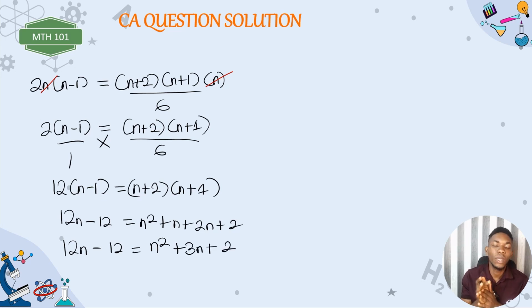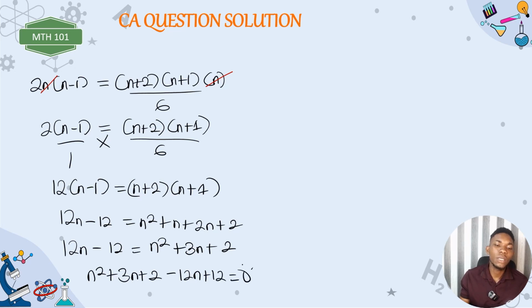Now, what can we actually do? We can take everything here to the other side, so that one side will be equal to 0. So we can write n squared plus 3n plus 2. Now, if this 12n crosses to this side, it becomes minus 12n. This minus 12 crosses to this side and becomes plus 12.